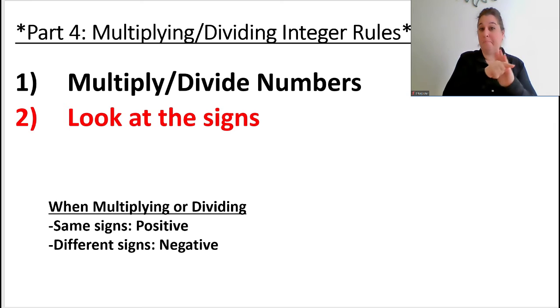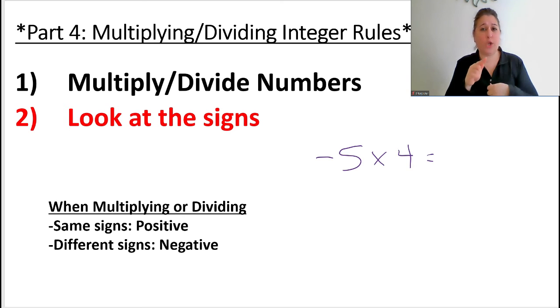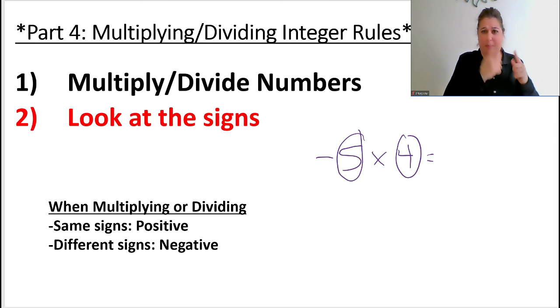So when I give you a number like -5 times 4, I want you to think of this in 2 different steps. First, just go ahead and look at the numbers separately and multiply them. Okay, what's 5 times 4? 20. Okay.